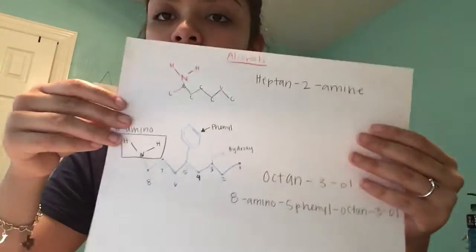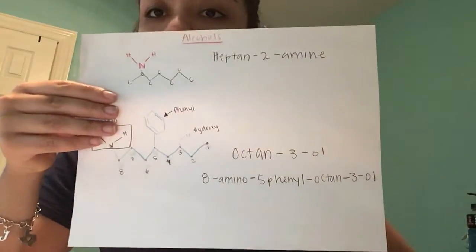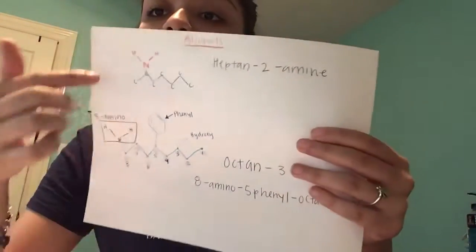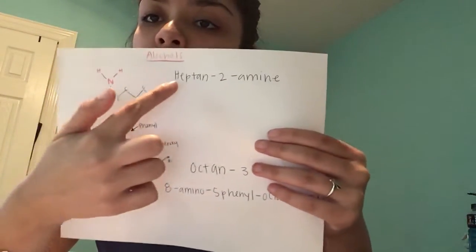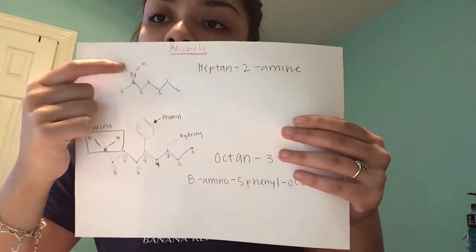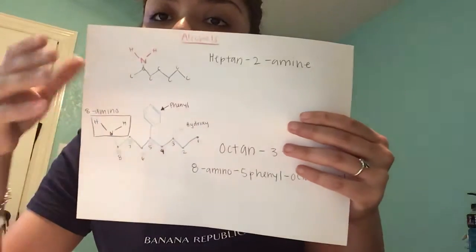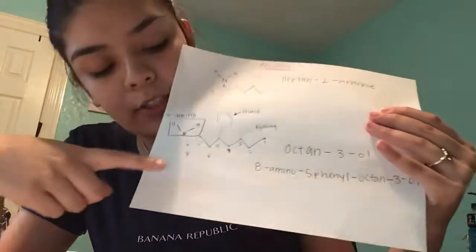So, a little bit more on different structures. Here we have heptane amine, and in this one we have 7 carbons. We start off by counting those, which makes it a heptane connected to our nitrogen hydrogen, and that's what makes it an amine. And this is our second example.